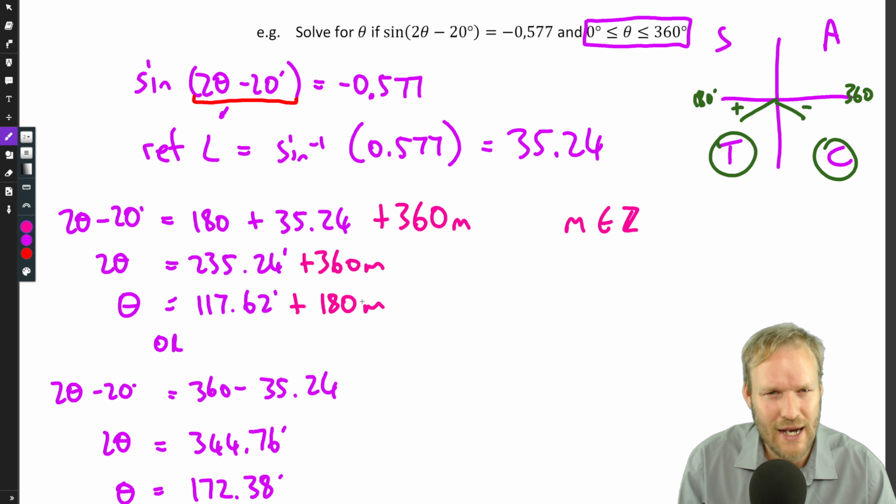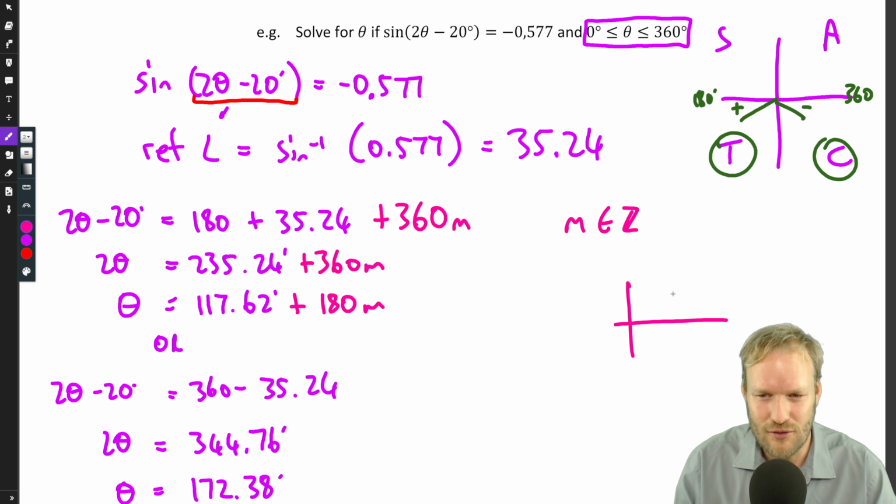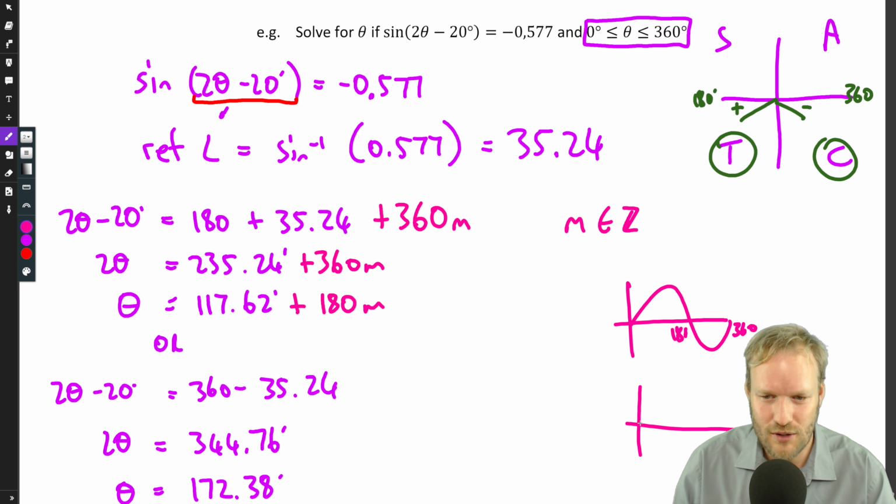And what's quite nice about thinking through this now is, well, sine 2 theta, other things we might be thinking of is, there's sine theta, right? There's sine theta going 180, 360. And if we had sine 2 theta, well, our period would halve, we'd have twice as many oscillations of the sine wave in the same amount of time.